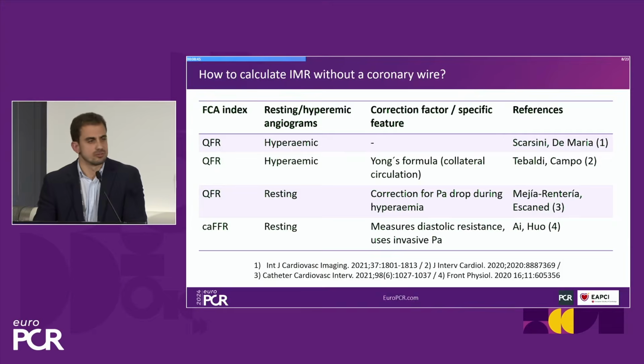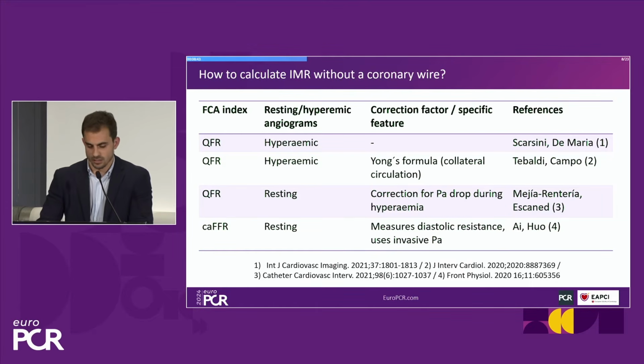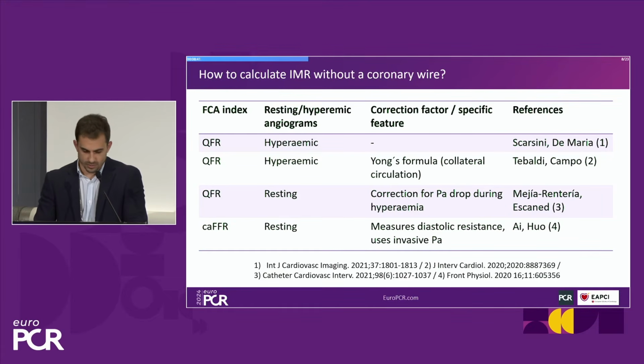And several approaches to angio-IMR have been developed by several groups. First of all, a group by Scarsini and De Maria, using QFR and hyperemic angiograms, have come out with the IMR angio index. Also, Tebaldi and Campo, using also Young's formula to correct the collateral circulation effect.